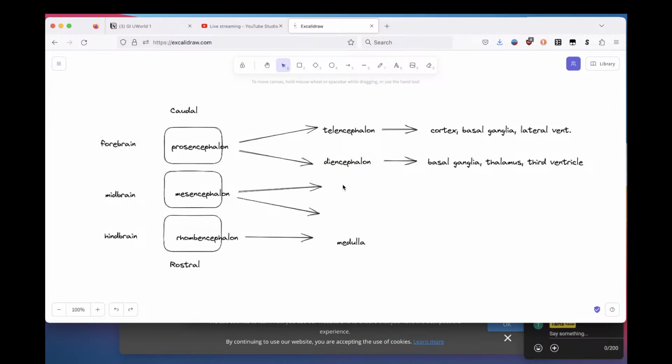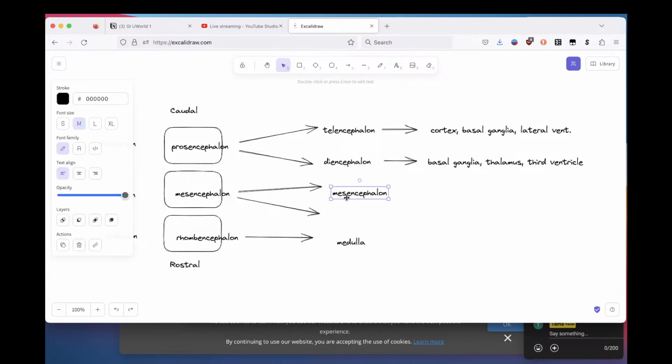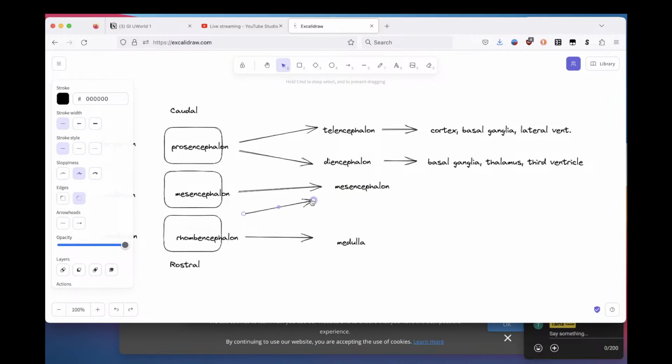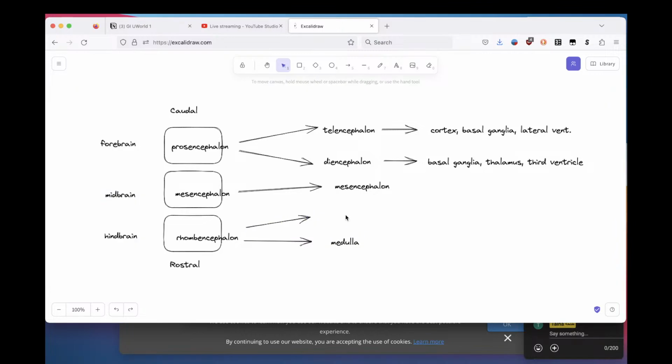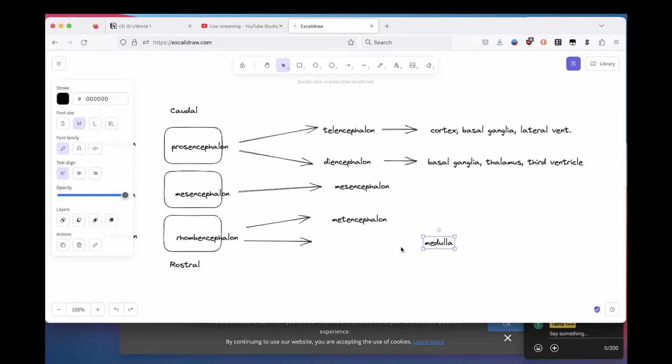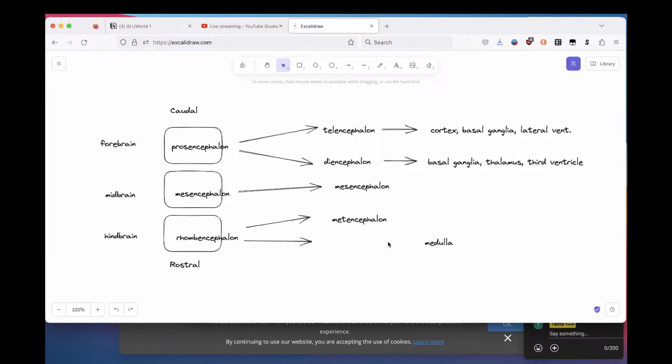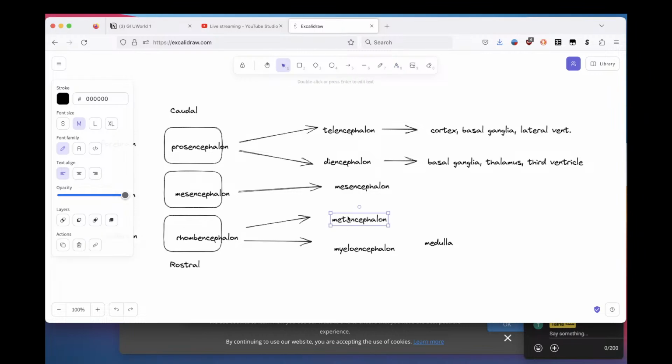Then it follows alphabetically: mesencephalon, and then this is going to be metencephalon, and this is going to be myelencephalon.